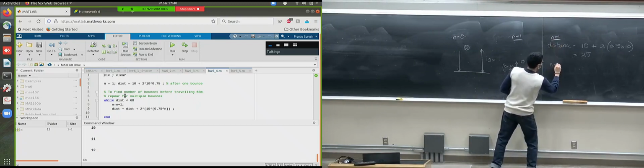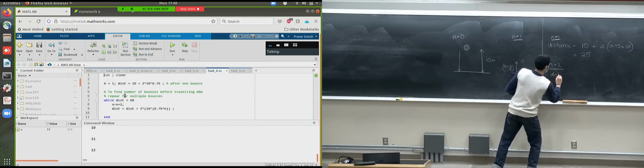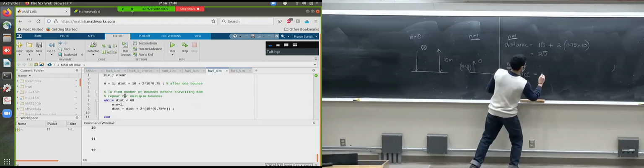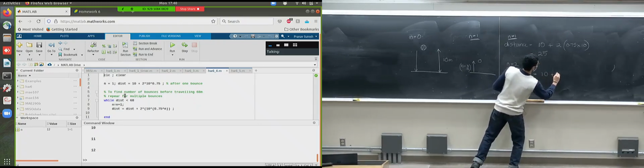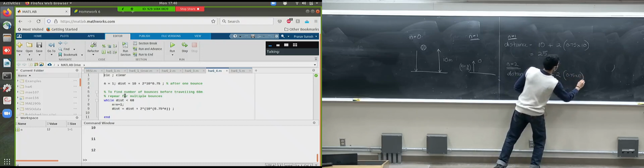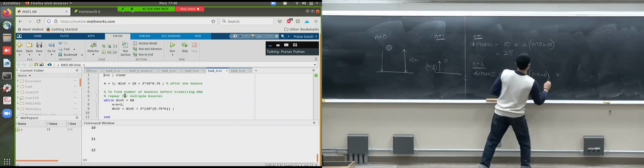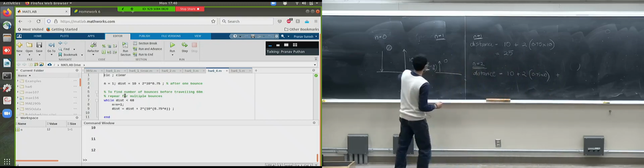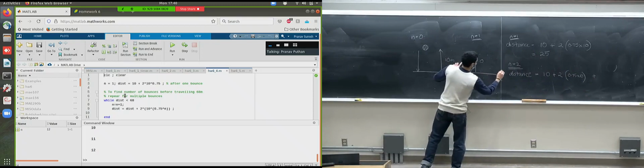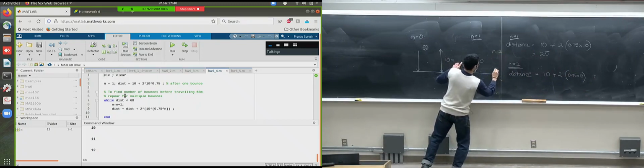For n equals 2, it would travel a distance equal to 10 plus 2 times 0.75 times 10, which is the previous distance, plus an additional distance. This is the previous height, right? In the next iteration, let's say n equals 2, it would travel a smaller height.